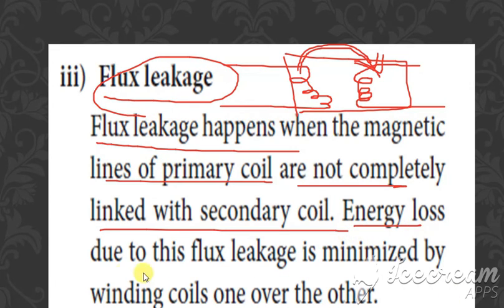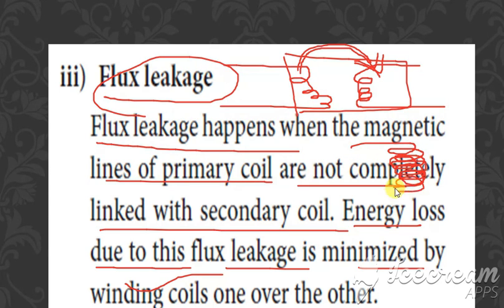This energy loss due to flux leakage is minimized by winding the coils one over the other.